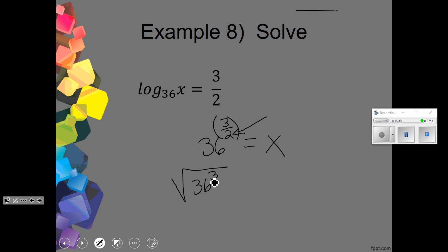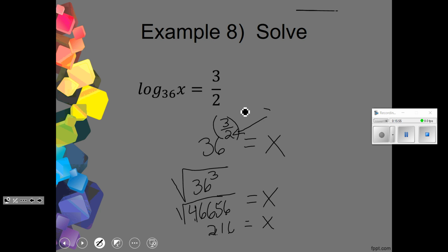What is 36 to the third power? You can use your calculator for that. What's 36 raised to the third? 46,656. And then what's the square root of that? 216. So x is equal to 216.